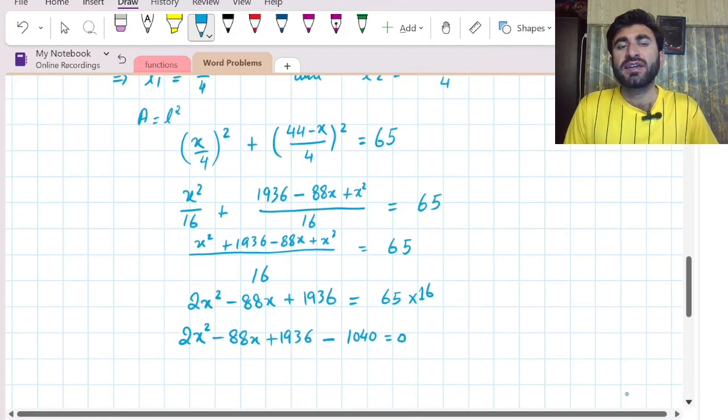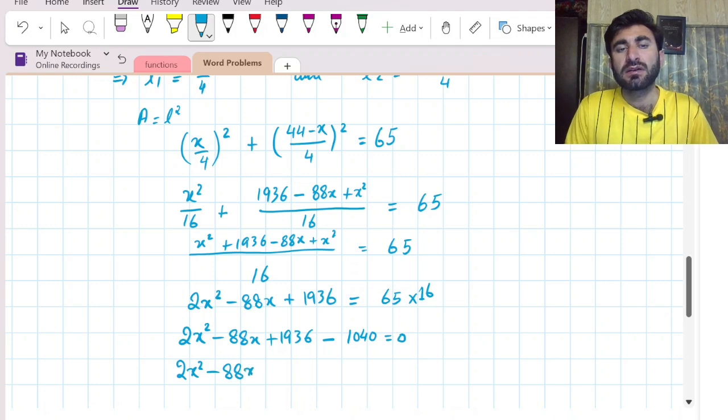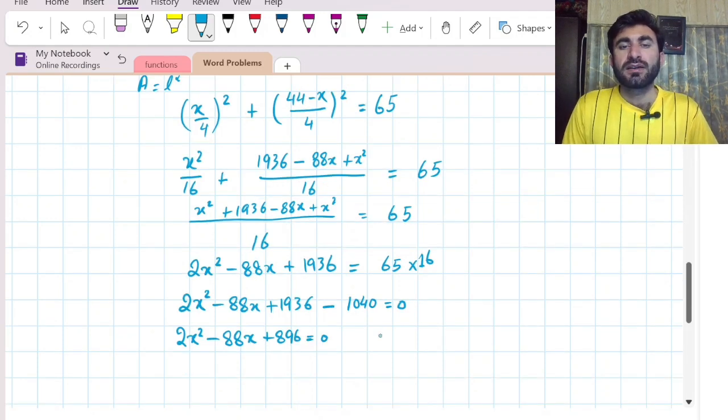Now simplifying it gives us 2x square minus 88x plus 896 equals 0.